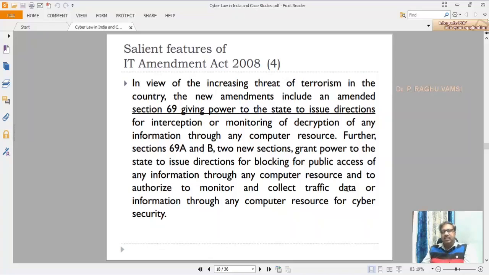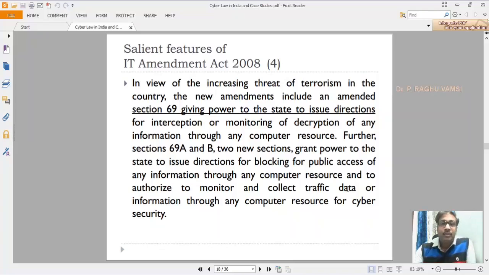For example, if you want to trace out where a person is based upon cell phone signals, it is not possible at the dealer level, or at the customer center level either. Even any company or service provider cannot do this tracing unless there is written permission from the SP of the district. This is because of the IT Act 2008.